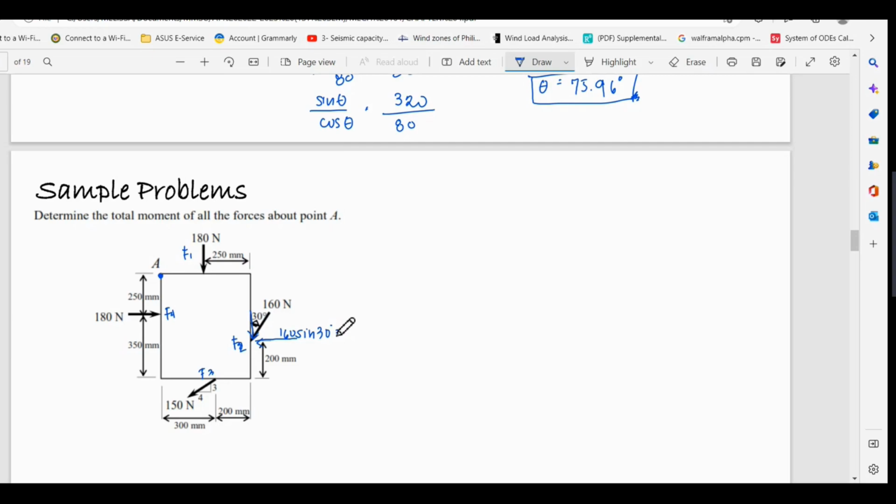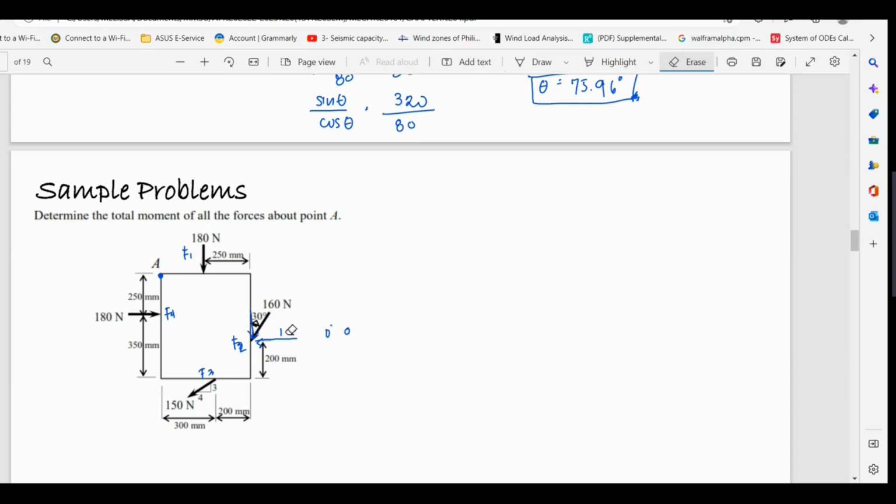So this is 80 Newton. And then dito naman yung kanyang Fy, we have 160 cosine of 30 degrees. So this is 138.56.